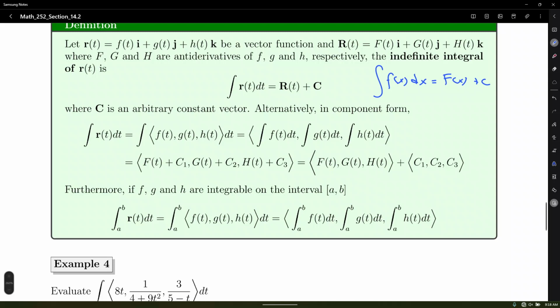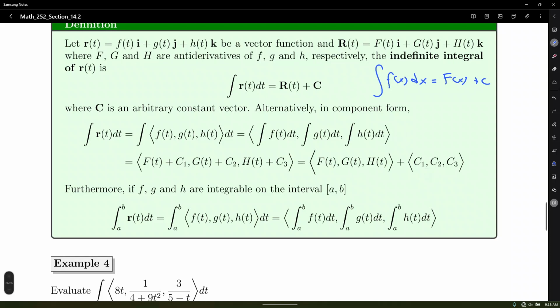Because we're integrating components f, g, and h, each component will have its own constant of integration. It may be the case that it's the same for the three of them, or the two, depending on if it's a vector in plane or space. Or we may get the three or the two different constants of integration. So that's why it has to be expressed as a vector.